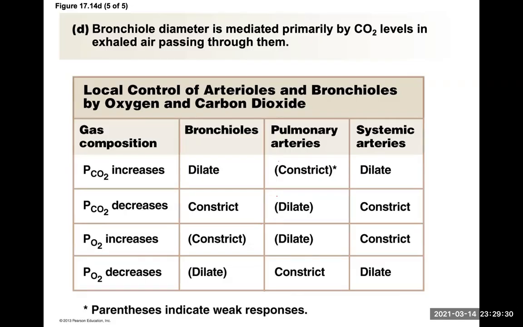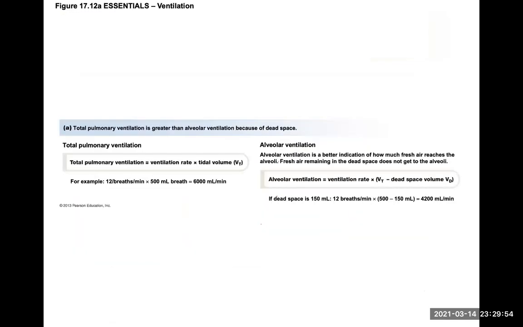Histamine is a powerful bronchoconstrictor that gets released from mast cells in response to allergies and tissue damage. Other bronchoconstrictors could include things like leukotrienes or acetylcholine from your parasympathetic nervous system. Bronchodilators would include elevated carbon dioxide levels and epinephrine, which act using their beta receptors.